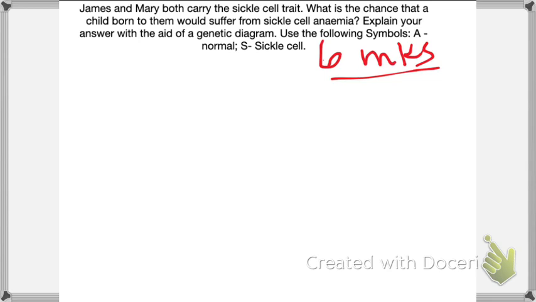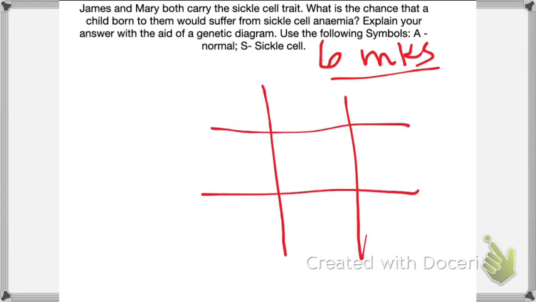Let's go. So the first thing we do, let's set up our genetic crossing. Remember, James and Mary are the 2 parents, and they said they both carry the sickle cell trait. If they both carry the sickle cell trait, it therefore meant that none of them were full-blown sicklers. None of them had sickle cell anemia. They just carried that trait.